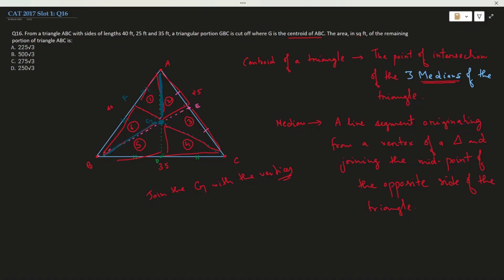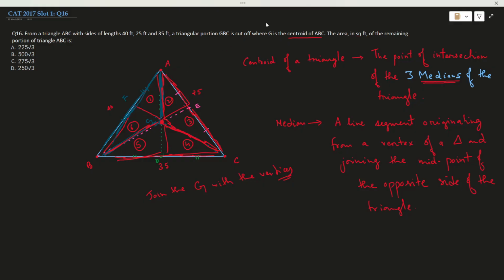I am joining points B and G and G with A, and we already have this side AB, so this is a triangle. Similarly this is a triangle, points A and C are joined with G. Similarly B and C I am joining with G to form BCG. So these are the 3 triangles, and these 3 triangles are also of equal area.